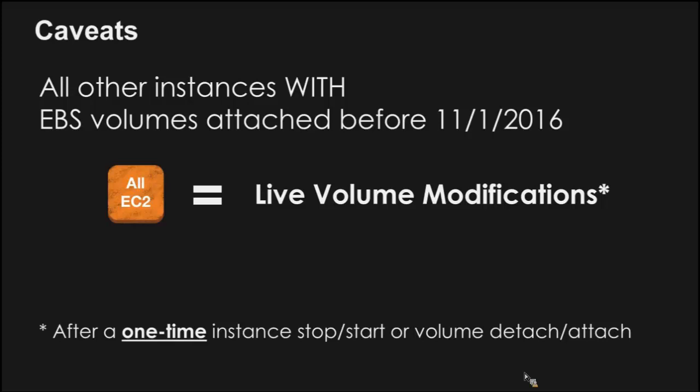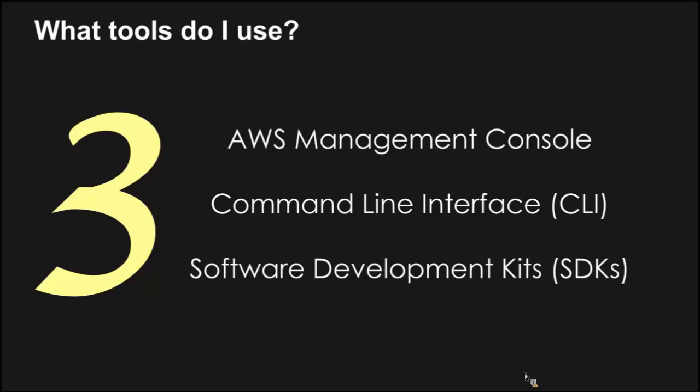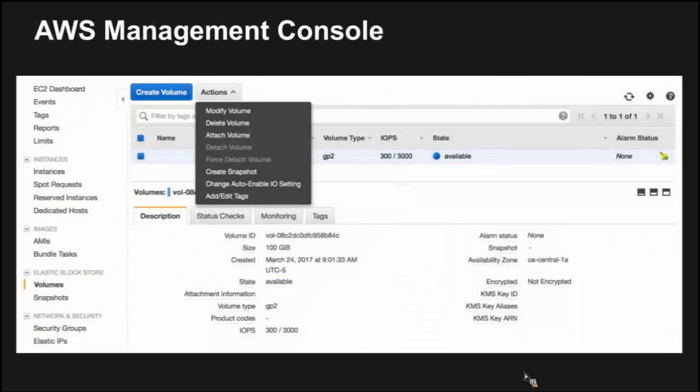Now, for all other instances, if you have EBS volumes that were attached before November the 1st, 2016, they do support live volume modifications, but only after a one-time instance stop-start or if you detach and attach the volume. If you have EBS volumes attached after November the 1st of 2016, you're good to go. You can take advantage of live volume modifications today.